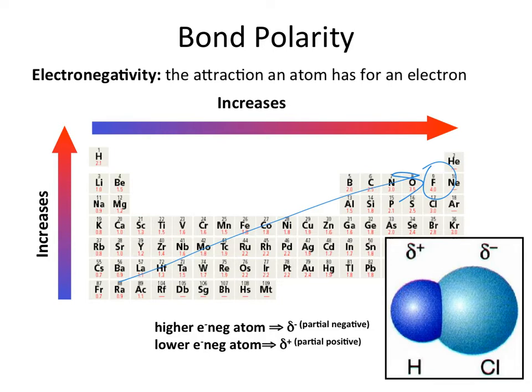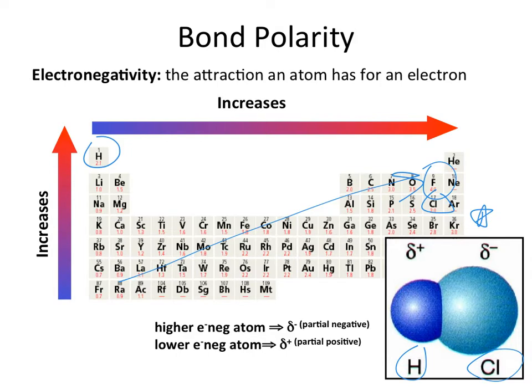If we look at this compound here, we see HCl. So we have hydrogen and chlorine involved in this covalent bonding set. If we look at this table, hydrogen has an electronegativity value of 2.1, and chlorine has an electronegativity value of 3.0. So chlorine is the more electronegative of the two elements.